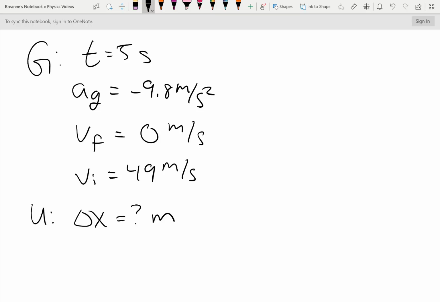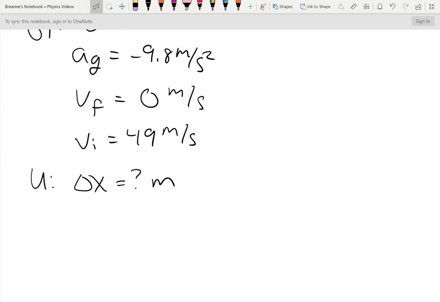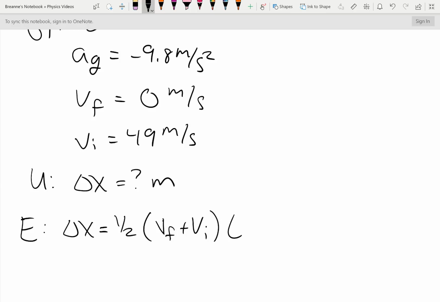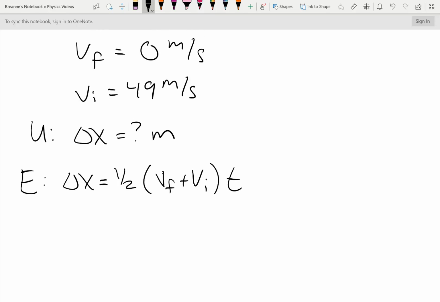Honestly, we can use any equation that has delta x in it. I think the one that'd be easier to use would be delta x equals 1/2 (VF plus VI) t. Just because the other ones have to do with squaring and all that fun stuff. So I think this would be easier mathematically. Your final is 0.